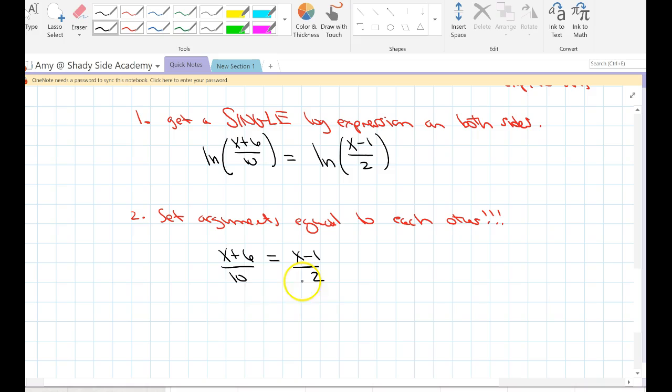Okay? Now don't lose steam here, for heaven's sake. How do we solve an equation that looks like this? Some of you hopefully are saying you would cross multiply, but be careful please, when you cross multiply, do it correctly. 2 times the quantity x plus 6 equals 10 times the quantity x minus 1. 2x plus 12 equals 10x minus 10.